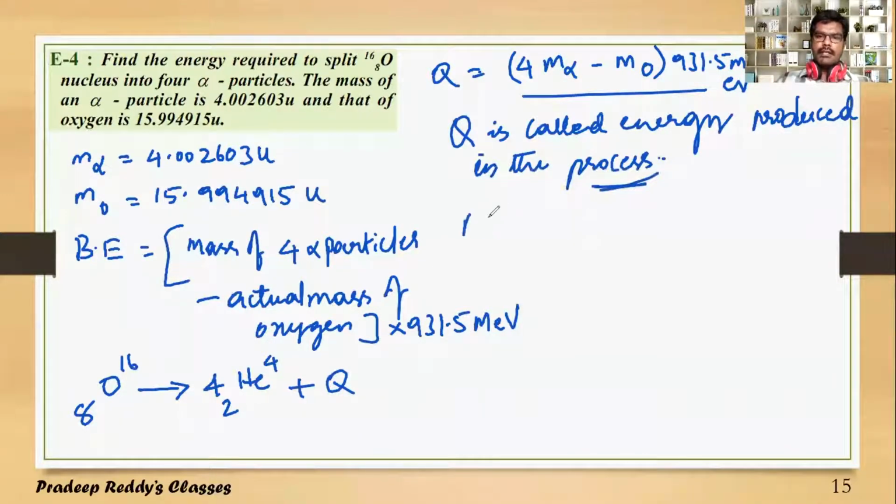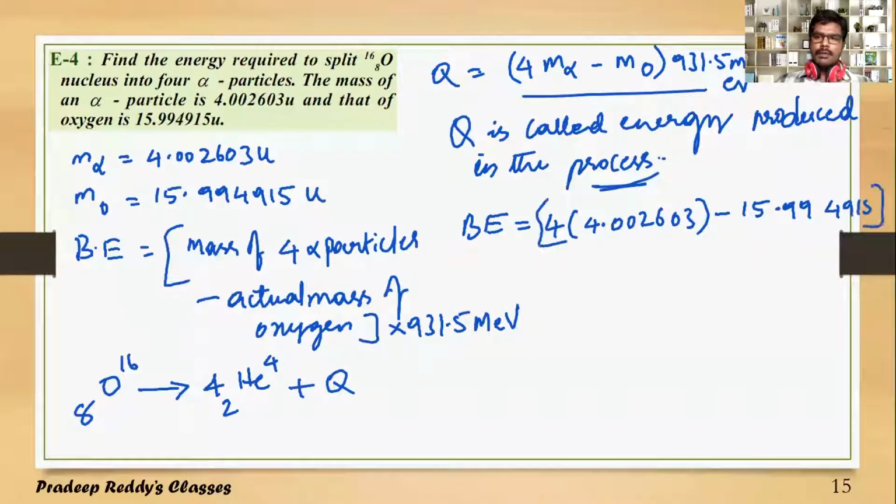So substituting all the values here, binding energy will be equal to 4 times mass of alpha particle, 4 times 4.002603 AMU, minus actual mass of the nucleus, 15.994915 AMU. This is in AMU, and multiplied with 931.5 million electron volt. So U can be converted into 931.5 MeV divided by C square, into C square.